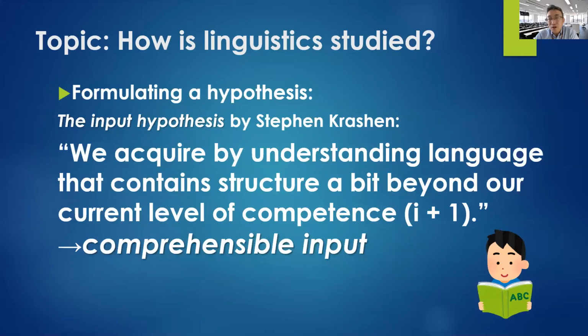We need comprehensible or understandable input in order to acquire the second language. Okay? It is meaningless if the input is too difficult to understand. Such input doesn't lead to acquisition of the language. What we need is comprehensible input in order to acquire a second language. Okay?